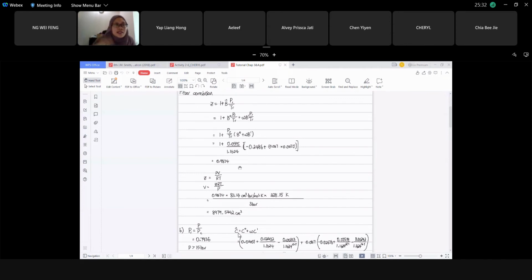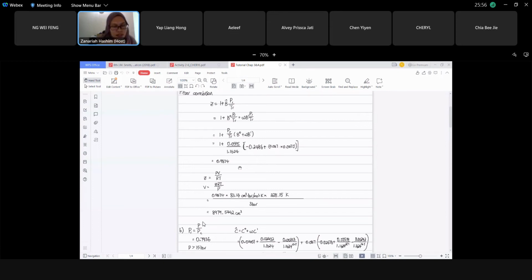Betul. Macam saya explain hari tu, for the Lee Kessler, it can be applied to all range of pressure. But the second virial correlation applies for low pressure. And the advantage of using the second virial is the calculation is much simpler.